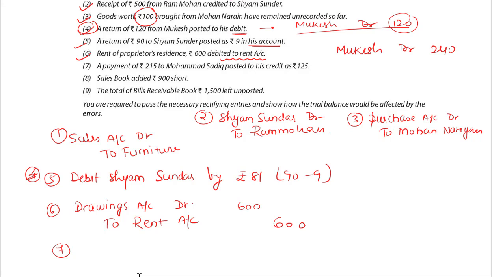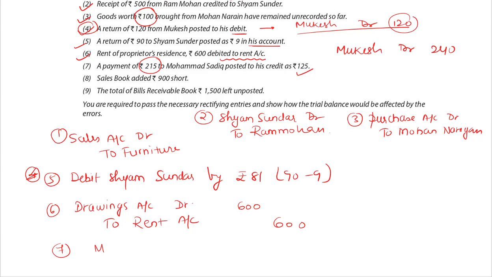Let's come to the seventh one. A payment of 215 to Muhammad Sadiq posted to his credit as 125. We had made a payment of 215 to Muhammad Sadiq, but we have posted to his credit, that is 125. Over here, you can understand, students, that you are making the payment to Muhammad Sadiq.